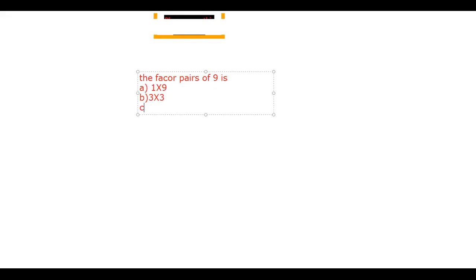C, 1 times 9 and 3 times 3. So the whole factor pairs of 9 is what? Just 1 times 9, or just 3 times 3, or both? 1 times 9 and 3 times 3 are considered to be factors for 9.